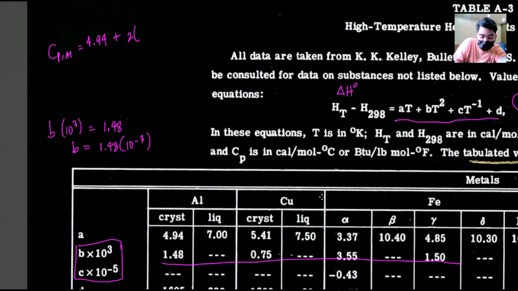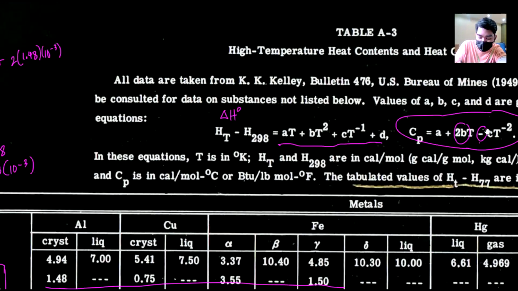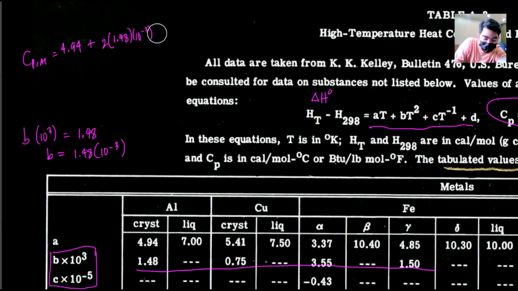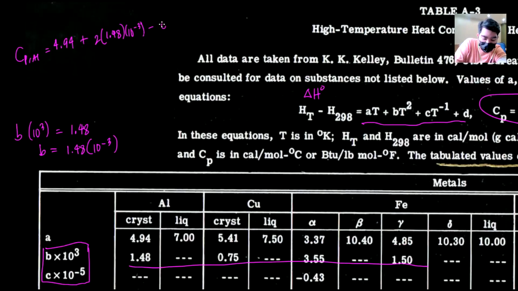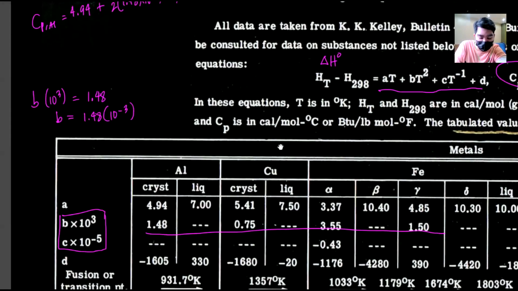So that's 2 times 1.48 times 10 to the negative 3, minus CP. And let's look, yung C niya is walang value. So that becomes just minus C, yung 0 lang yan. Okay?